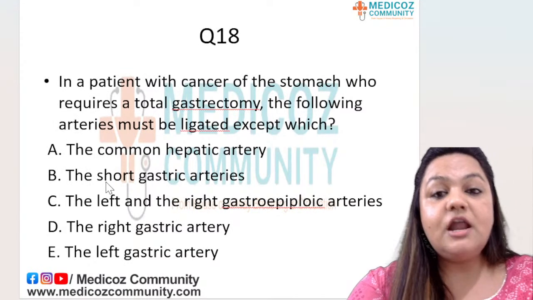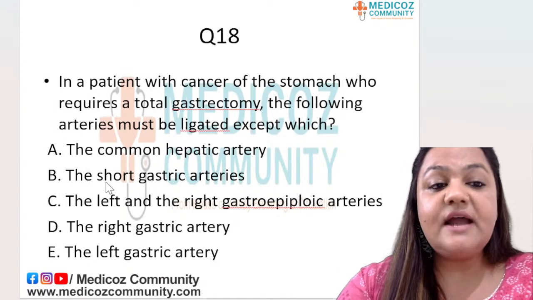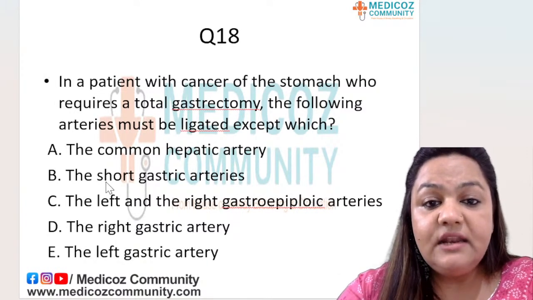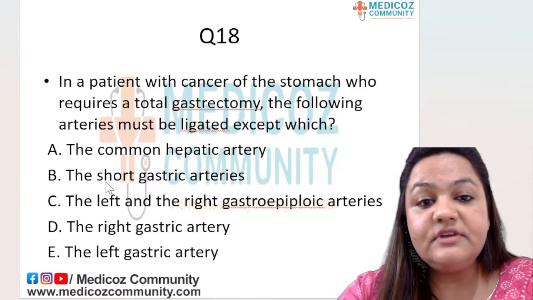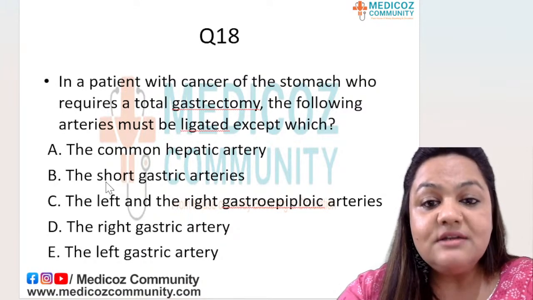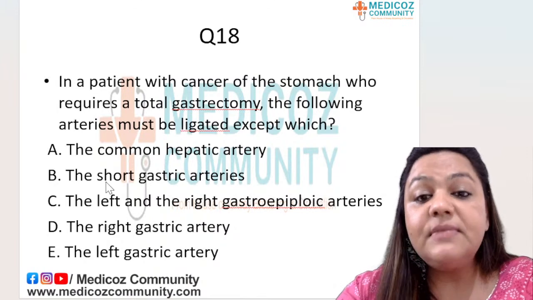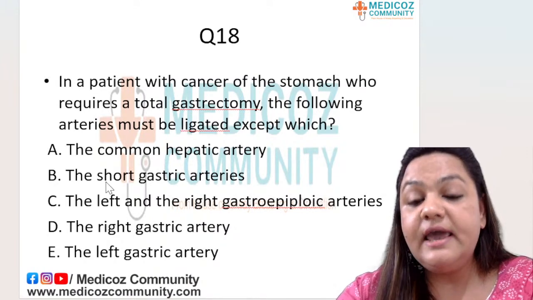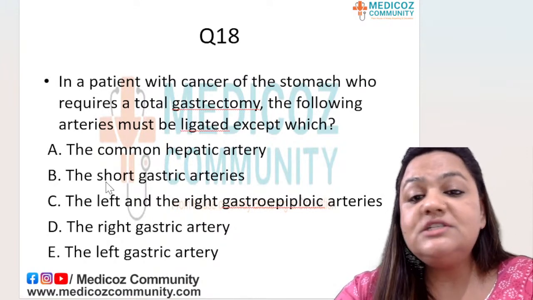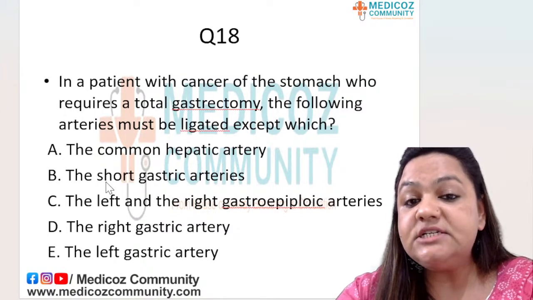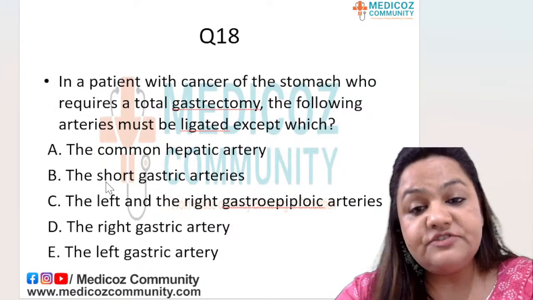Now we will start with the next question, question number 18. In a patient with cancer of the stomach who requires a total gastrectomy, the following arteries must be ligated, except which? We need to find the artery among these options that cannot be ligated in total gastrectomy.